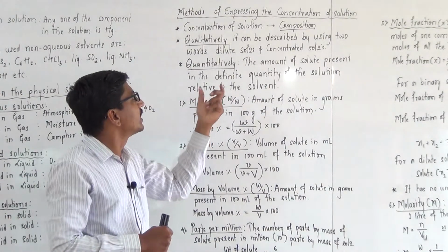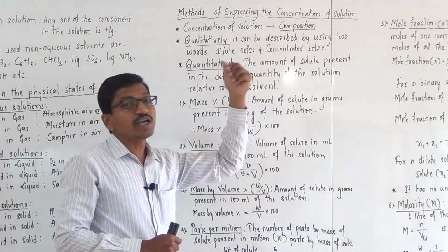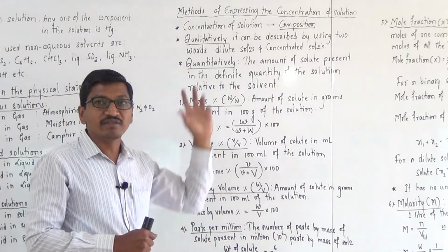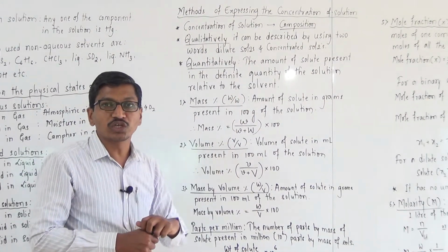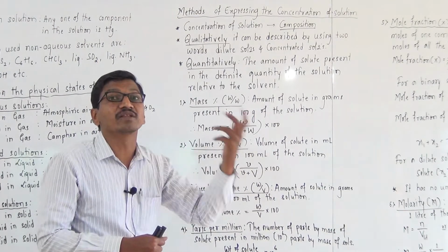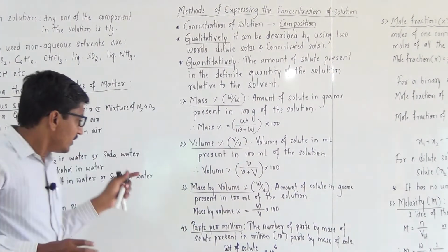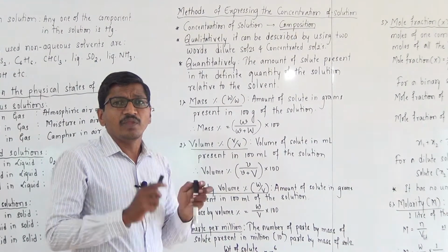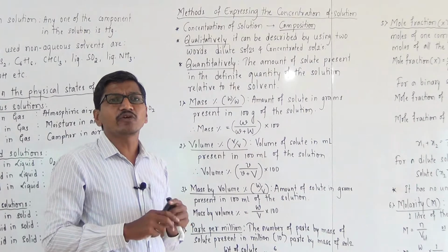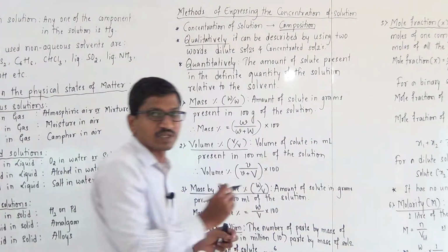A definite quantity of solution containing a definite amount of solute is also expressed as the strength of solution. Concentration of solution is also called the strength of the solution. In this, the weight of the solution is calculated by using the density of the solution.